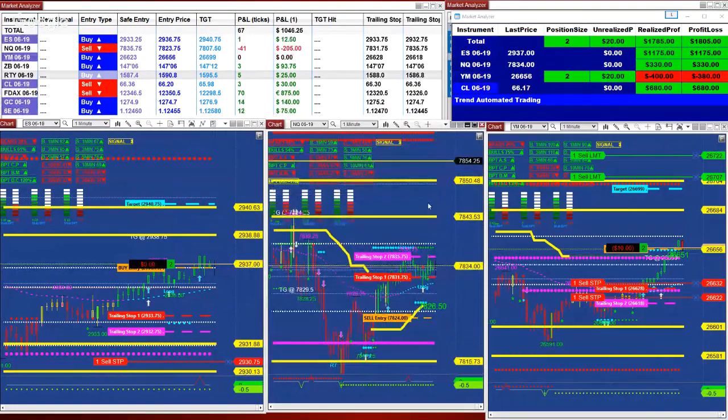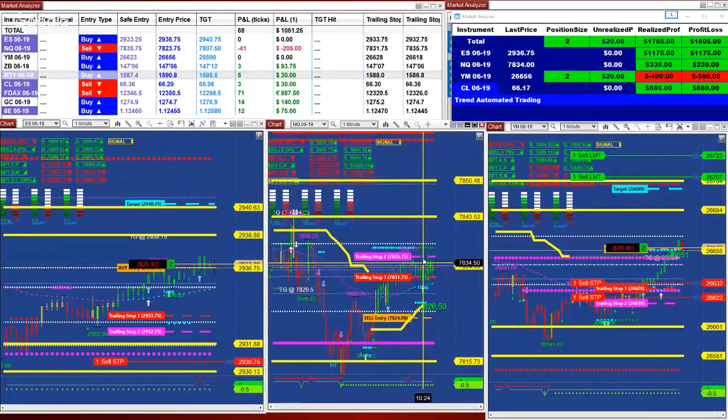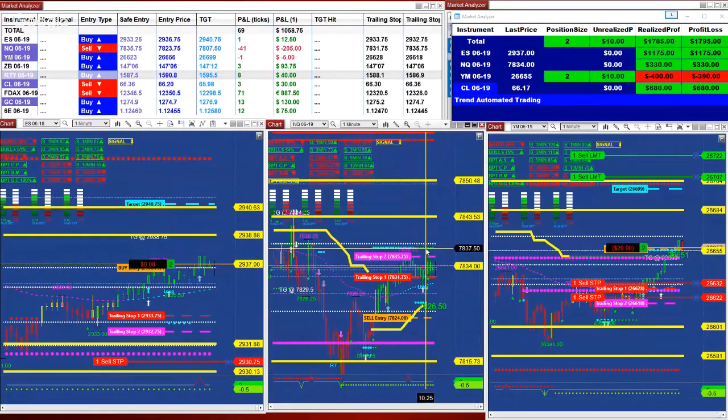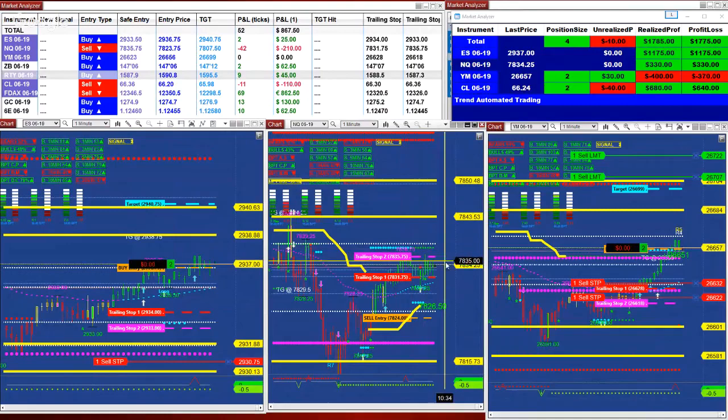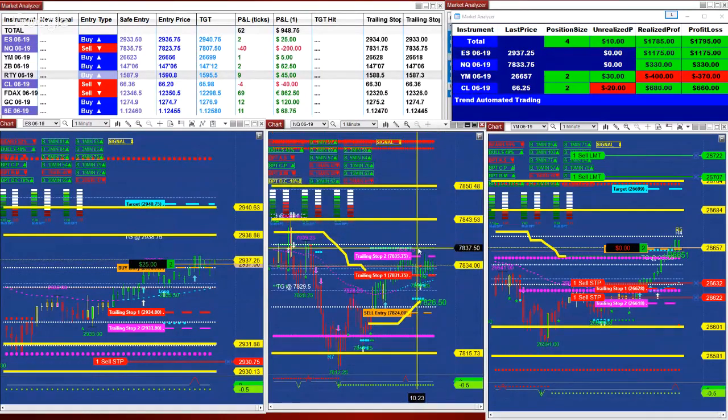We need that Nasdaq to move. We need to see this Nasdaq breaking the 837, so we can have a new signal, and that is going to lift the whole market up once we have this Nasdaq go in conjunction with the ES and the YM.